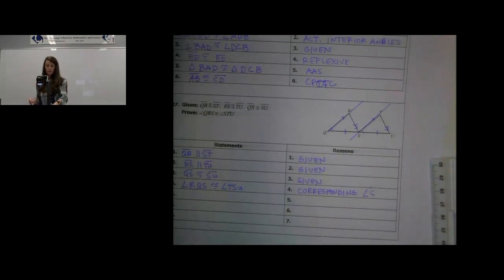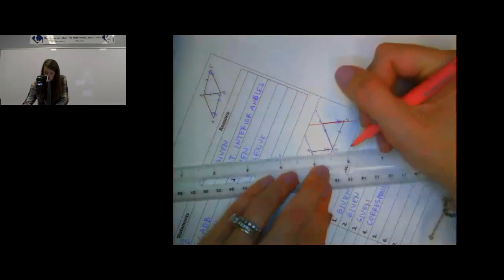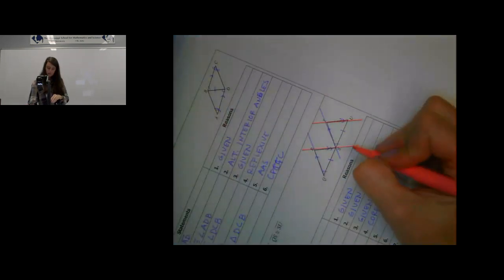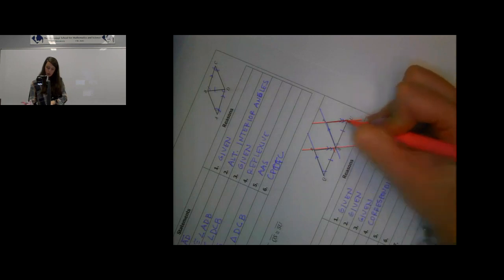Okay, so also let's turn this way as well. I'm going to have some other corresponding angles. I'm going to do a different color here. These are going to be parallel. S and U are going to be corresponding angles if that was your transversal going through those.